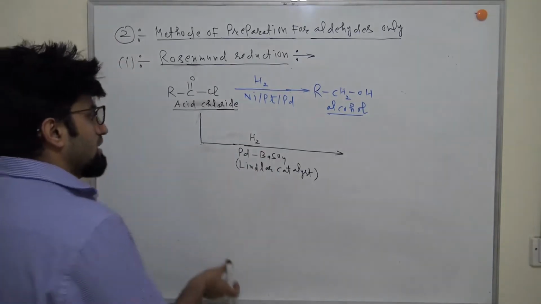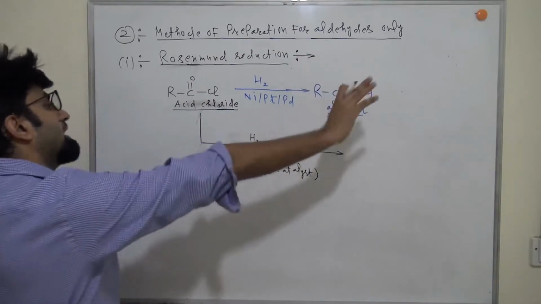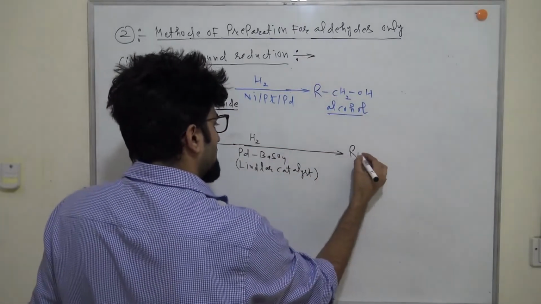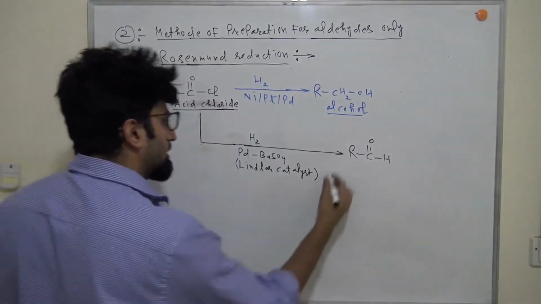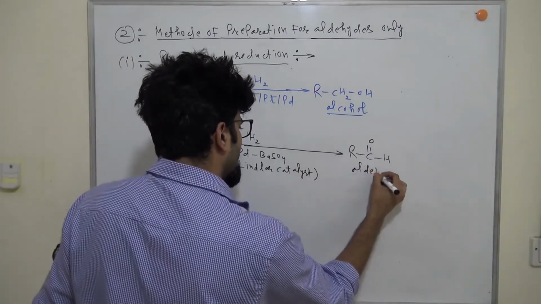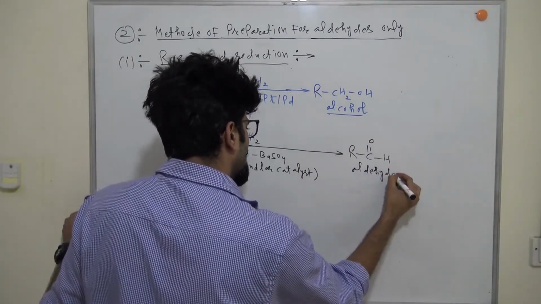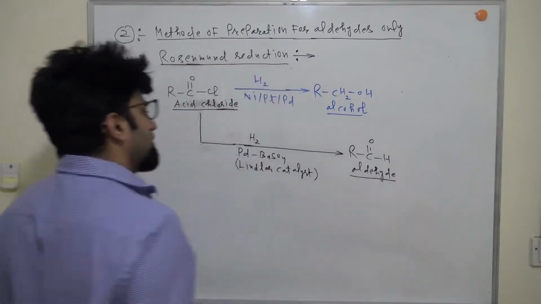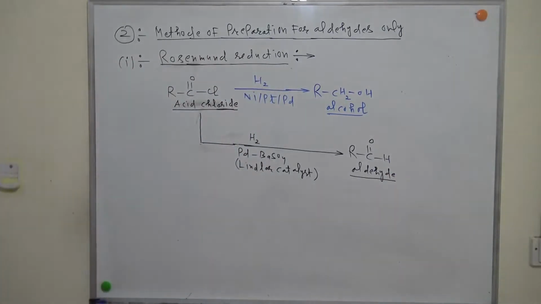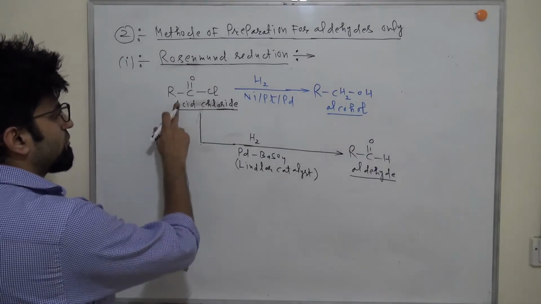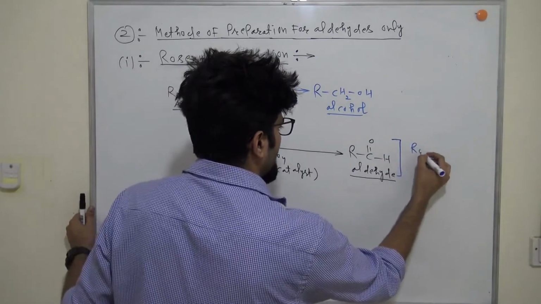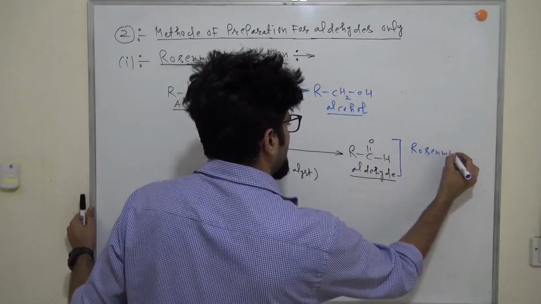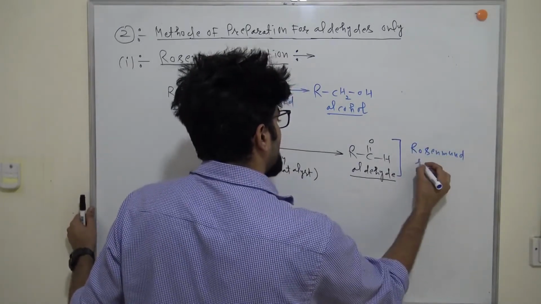Instead of getting alcohol, we will get aldehyde. What kind of magic is this? Why are we getting aldehyde? This particular reaction, when acid chloride reacts with H2, Pd/BaSO4, is known as Rosenmund reduction.